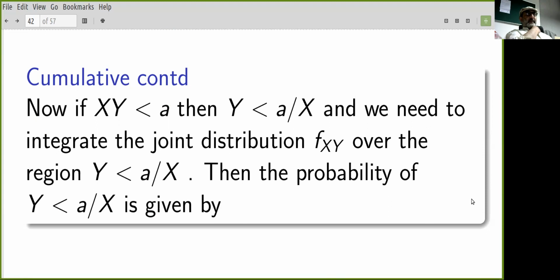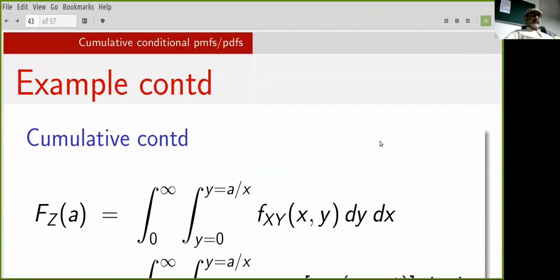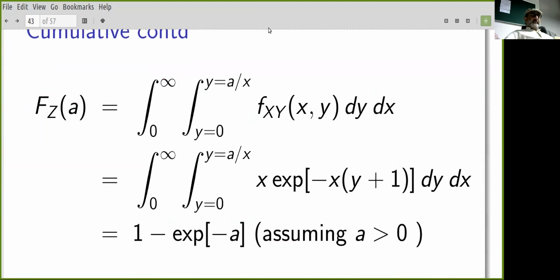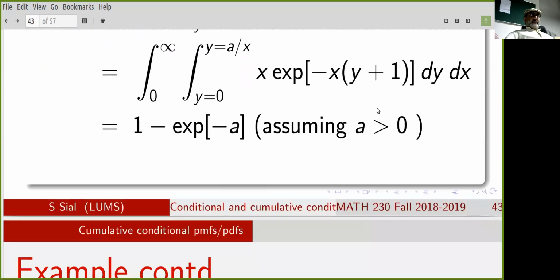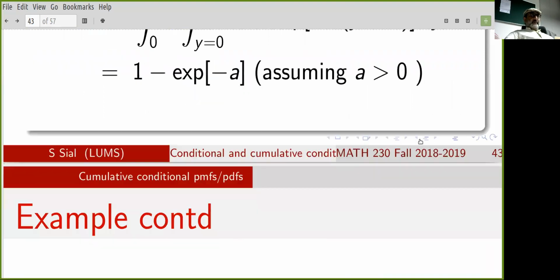Okay. Then the probability for y being less than a over x is given by integrating from y equals 0 to y equals a over x the PDF dy, and then integrating over all x from 0 to infinity. If you do that, you get 1 minus exponential of minus a, assuming that a is greater than 0.